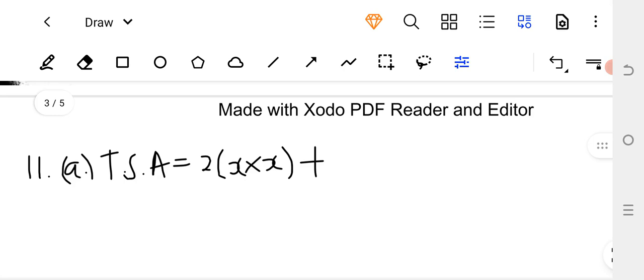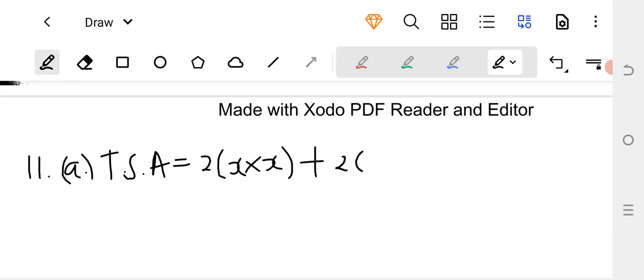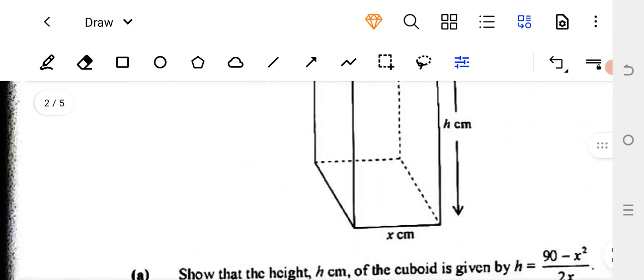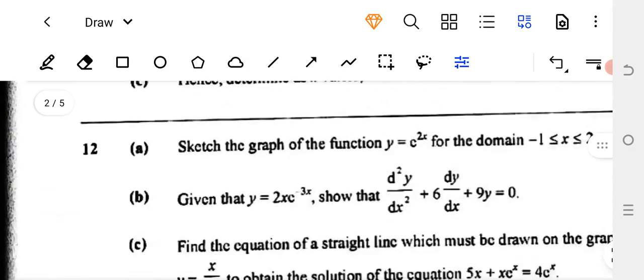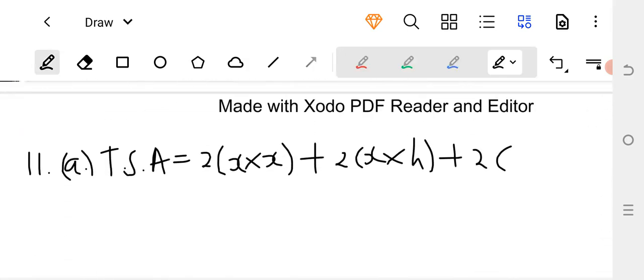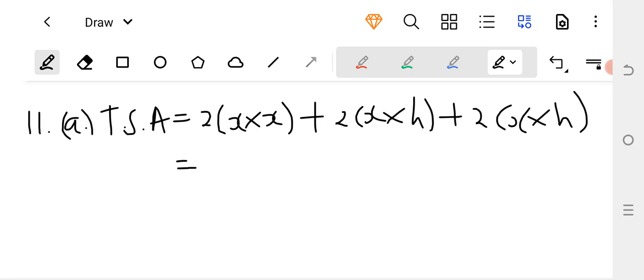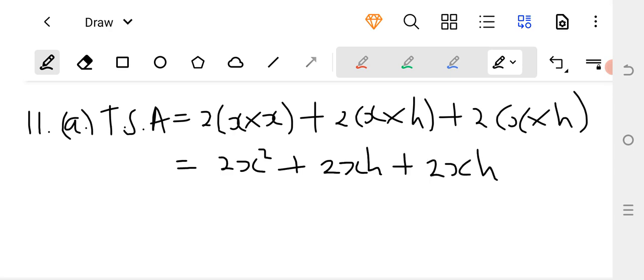And then there is another one behind, so I'm going to say 2 open bracket x times h, plus 2 open bracket, and then there's this one at the side, where we know that the breadth is x, the height is also h, so it's also x times h. To continue, we're going to have x times x is x squared, plus x times h is just xh, plus x times h, just hx.